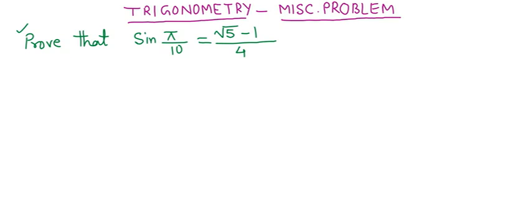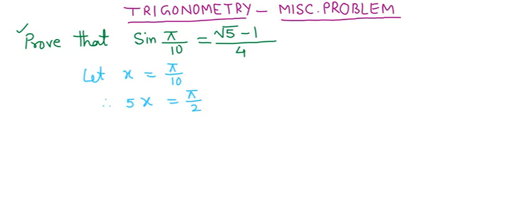See the trick. Let x be equal to pi by 10. Okay. Now it may be written as 5x is equal to pi by 2.